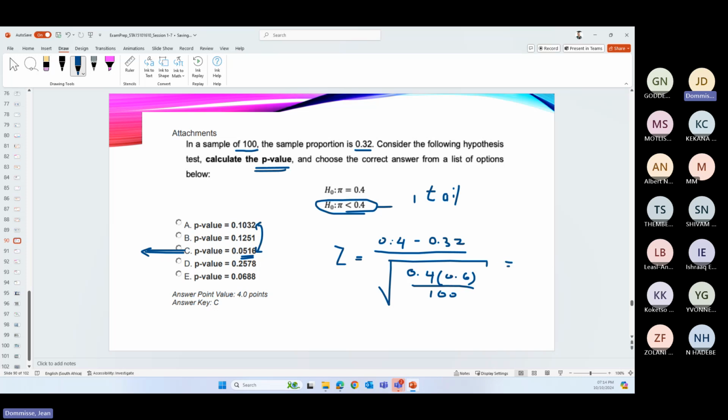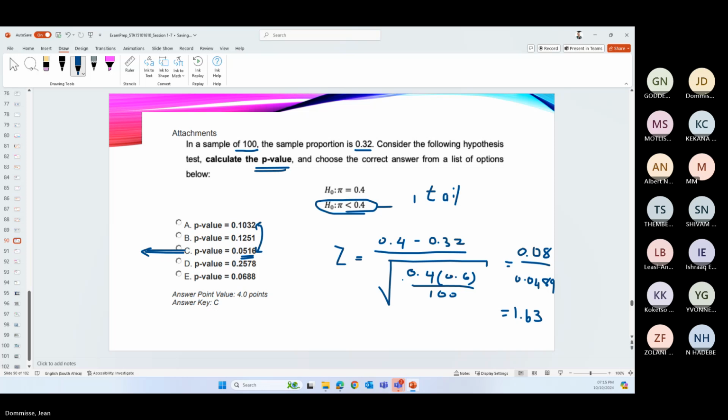So that would have been 0.08 divided by 0.0489 rounded off. So that Z is equal to 1.63.